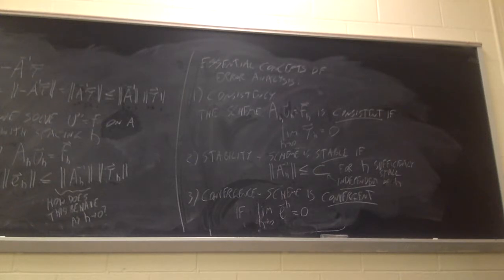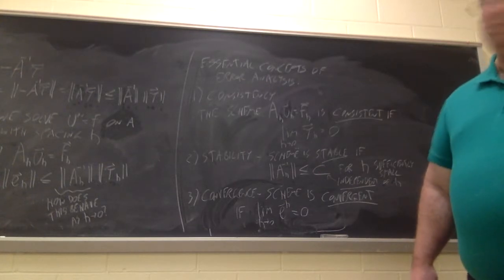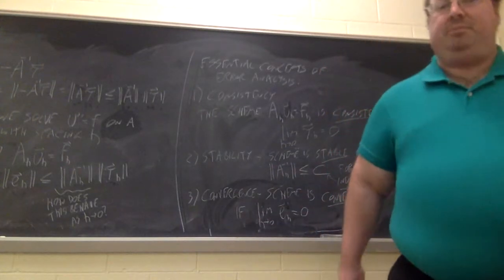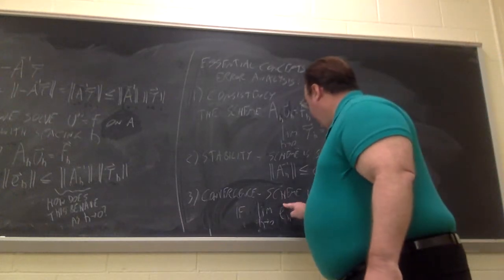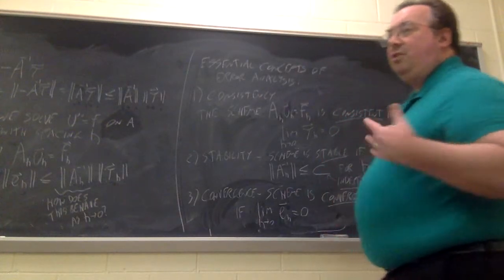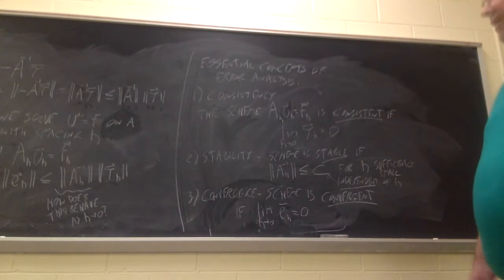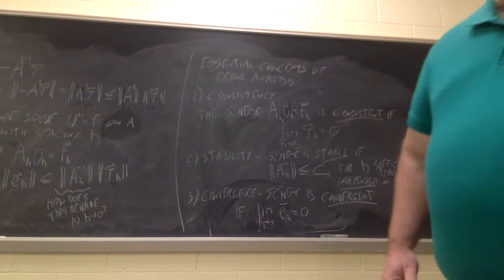The notes are using subscripts for h, and the line over the E is the vector line. So if the local error goes to 0, that's consistent. That's nice, but not what we really want. If the global error goes to 0, it's convergent. That's what we do want.